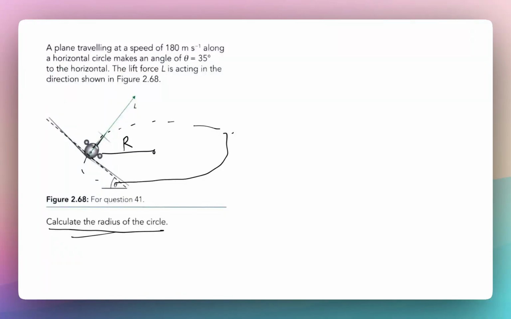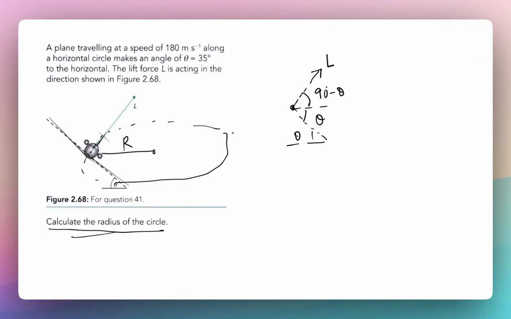So let's draw the free body diagram of the plane. This lift force is L, and this angle is theta. So this angle is also going to be equal to theta, and this will be 90 minus theta.